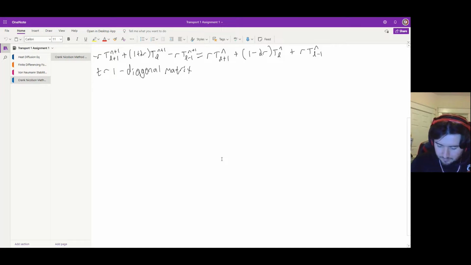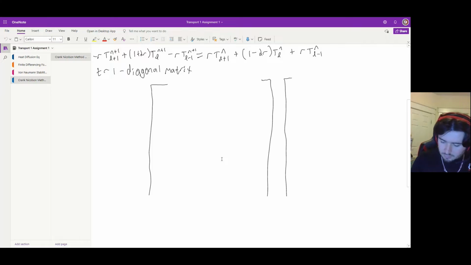I've got to draw these a little big. I don't want to run out. All right, so we're going to break this equation up into 3 different arrays, and I will show you what it will consist of in a moment.